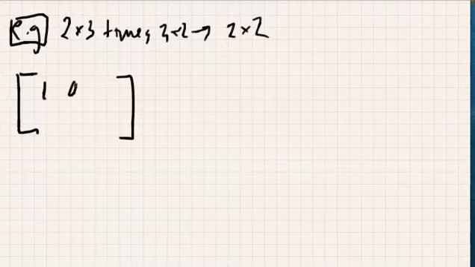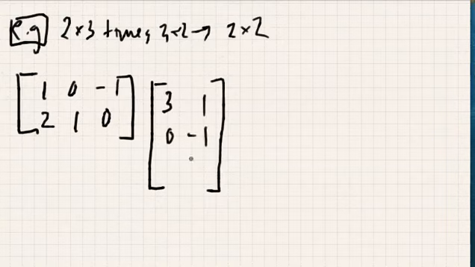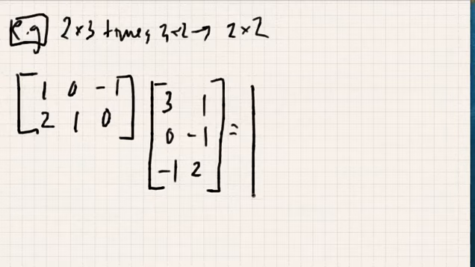Let's say it's 1, 0, negative 1, 2, 1, 0. So that's 2 rows and 3 columns. I'm going to multiply this by a 3 by 2 guy. And what I'll put here is, again, some small numbers: 3, 1, 0, negative 1, negative 1, 2. Whatever.